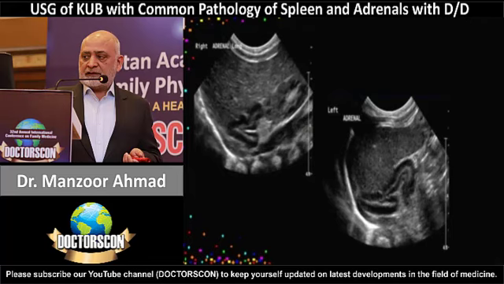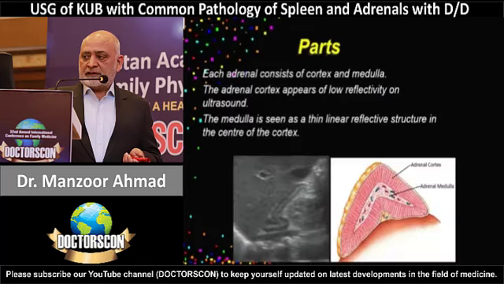On the right side it is V-shaped, whereas on the left side it is a Y-shaped adrenal gland, and the outermost hypoechoic area is the cortex, and the inner bright area is the medulla of the adrenal glands.